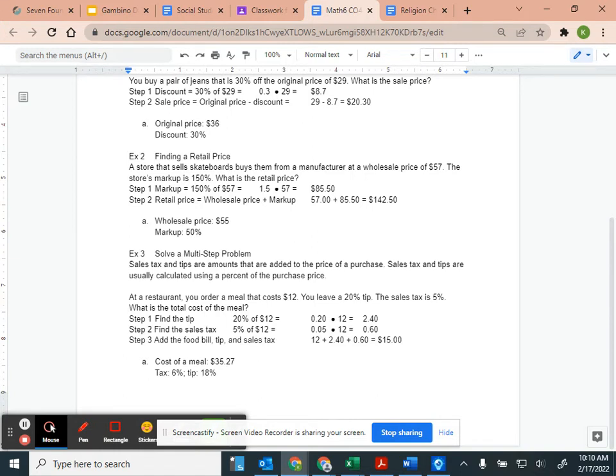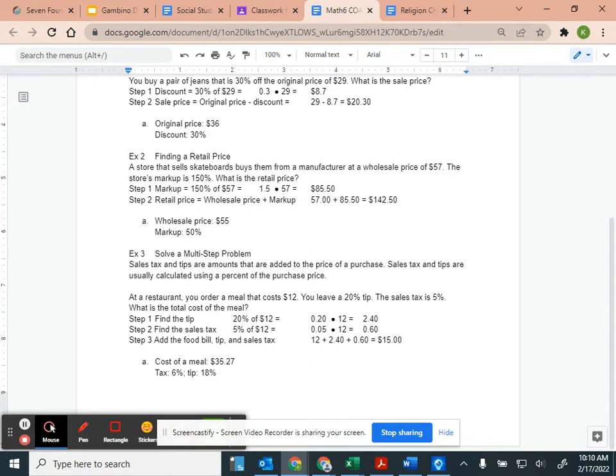The sales tax is 5%. Whenever you're buying stuff, you have to pay a sales tax. Thankfully, in Minnesota, we don't pay a sales tax on clothes, but in other states you do. We pay a sales tax on products, like a box of Kleenex.